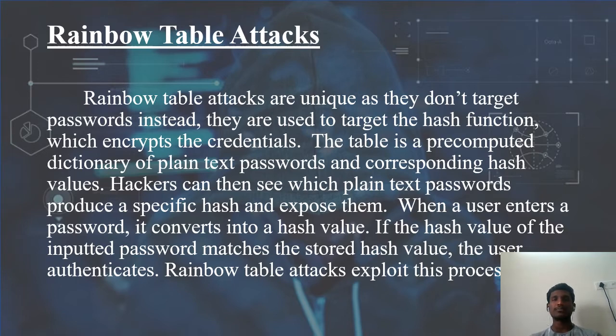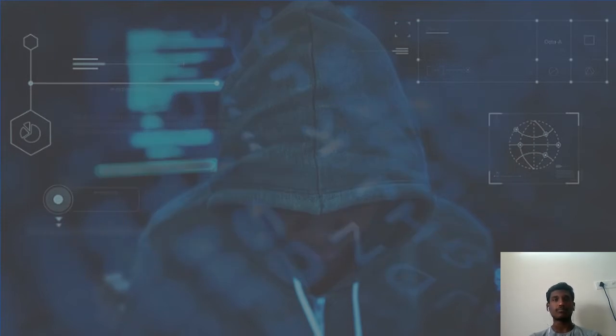Hackers can then see which plain text passwords produce a specific hash and expose them. When a user enters a password, it converts into a hash value. If the hash value of the inputted password matches the stored hash value, the user is authenticated. Rainbow table attacks exploit this process.